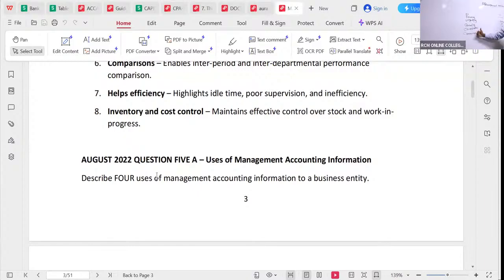But the moment you have a system, the moment you have this management accounting information, then your communication will be perfect. Once you have these points, add the others that you know, like cost ascertainment, and using this information to do pricing. Then you'll be able to get 10 out of 10.